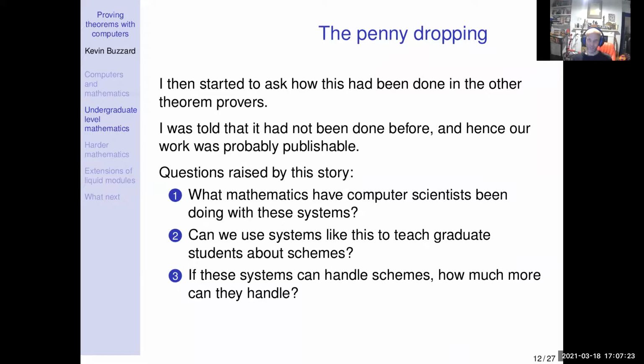So the fact that schemes are a completely standard piece of mathematics, and that there are definitely people doing hard mathematics in these systems, really started making me ask questions. These systems have been around for decades, but it's not entirely clear to me how many people were asking these questions.